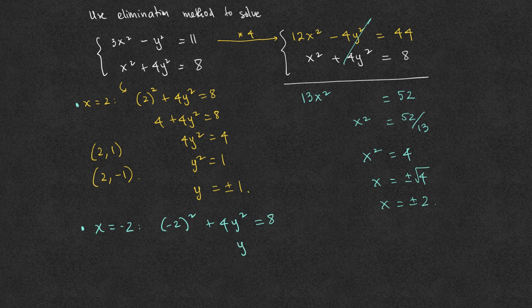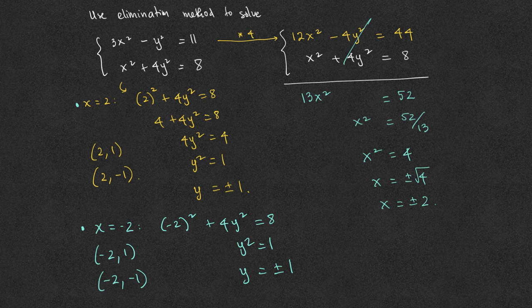And this will be y squared equals 1, because negative 2, the quantity squared, will give us the same equation as above. And so we see that y equals plus or minus 1. What this means is that when x equals negative 2, we either have y equals 1 or y equals negative 1. And so in this case, there are 4 solutions.